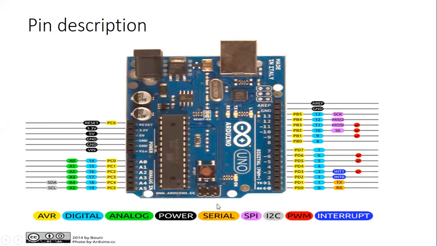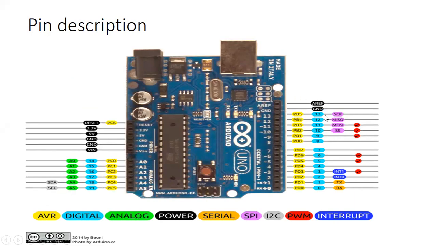Here, different types of pins are marked with different colors. Here, these are the digital input output pins with yellow. These are analog pins A0 to A5 for serial communication. Then this is reset. There are two power supplies, 3.3 volt and 5 volt.